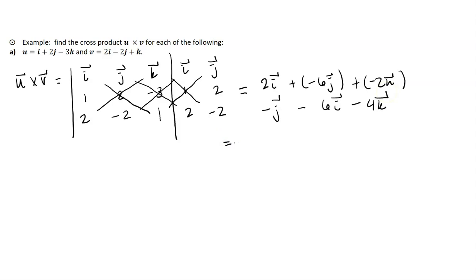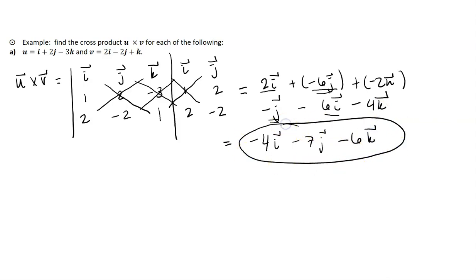Now I collect my like terms, so I've got 2i and negative 6i, which is negative 4i. Negative 6j and negative j is negative 7j. And then negative 2k and negative 4k is negative 6k. And that will be my answer.